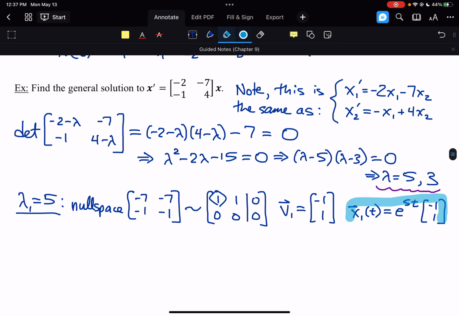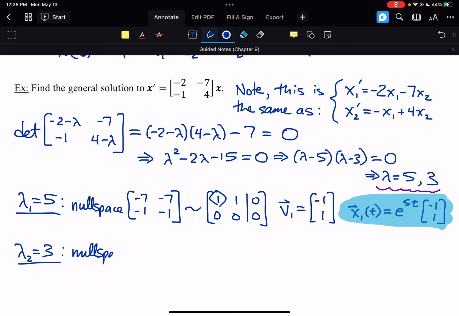Okay, so that's our first solution. Then for lambda 2, so we have 3. So we take null space, subtract off the 3, we get negative 5, negative 7.